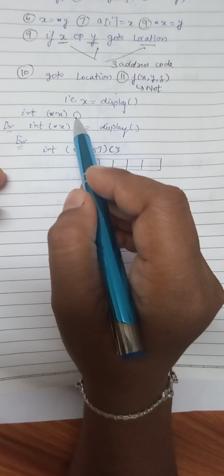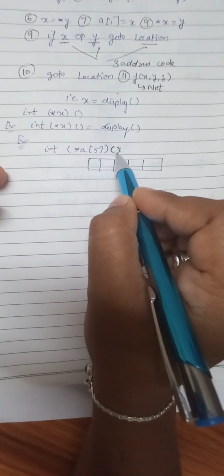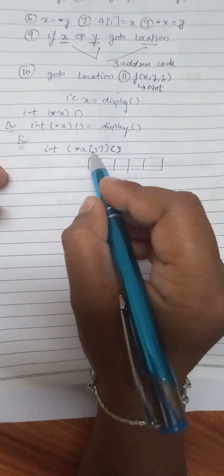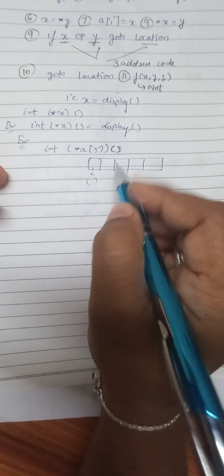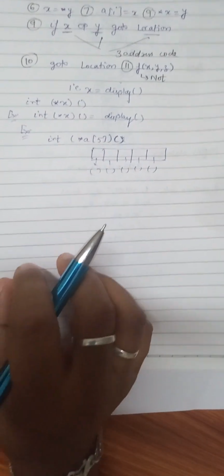Here also it is denoting the function, and here also. Because it is a pointer, it is a function pointer. Because the size is 5, all are function pointers, all indicating 5 function pointers.